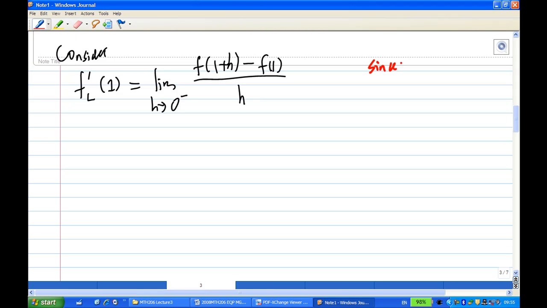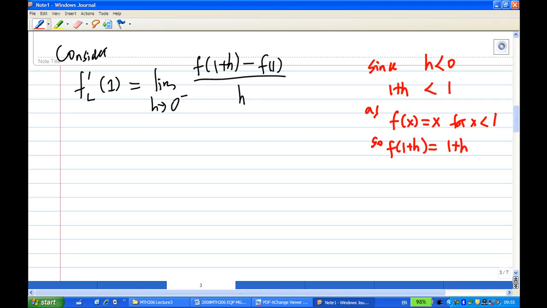Since h is less than 0 now, 1 plus h will be less than 1. So as f of x is equal to x for x less than 1, f of 1 plus h will be 1 plus h. We also know earlier f of 1 is 1. So you can make use of this information to find out what this is.